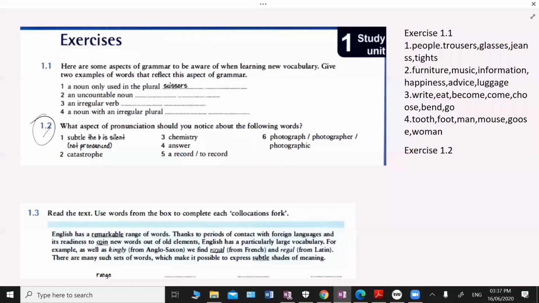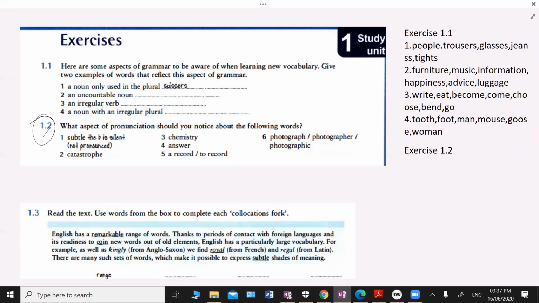When you look at these 5 words, what pronunciation aspect do you notice? For example, number 1 is subtle. Subtle means something not very loud. When you check something in the kitchen, something has a pungent taste.